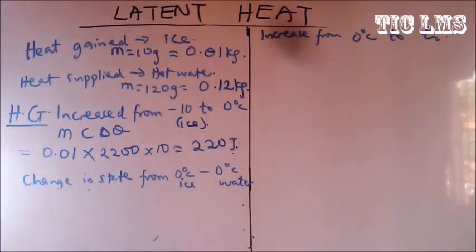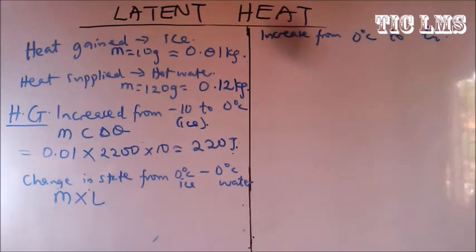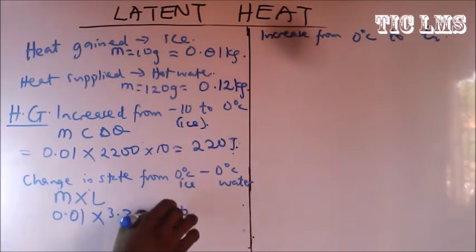Then the change in state, which is the second stage. In change in state, we'll be looking at ml, which is equal to the quantity of heat gained there. Now the mass of the ice is still 0.01 multiplied by the latent heat of fusion of ice, which in the question is 3.36 times 10 raised to 5.